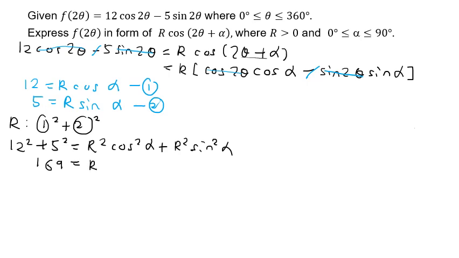And then on the right side r², and cos² plus sin² is an identity, so it automatically becomes 1. So to find r, remember r is greater than 0, so r equals positive 13 only.